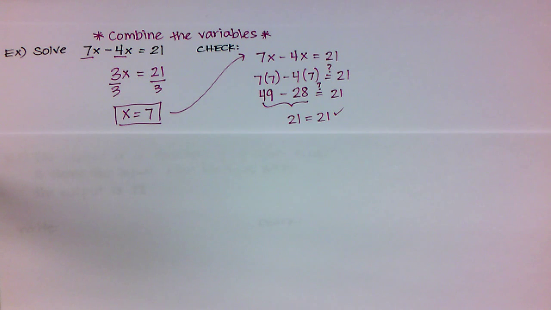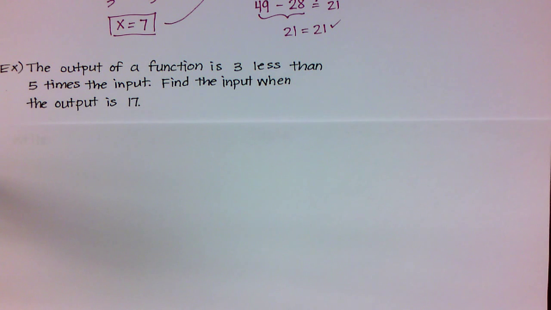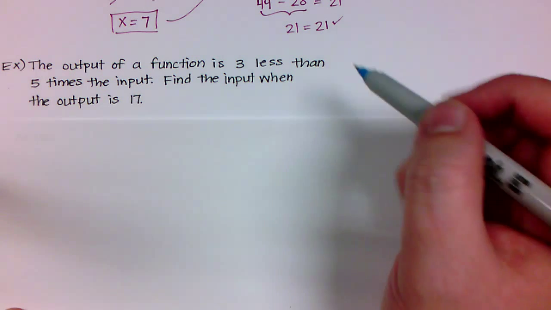Awesome. So now let's move on to something else. This time it kind of looks like a word problem, but it's not. This is a verbal phrase, and we've practiced a lot with translating verbal phrases into a mathematical expression or sometimes an equation. So let's see what it's asking us to do.